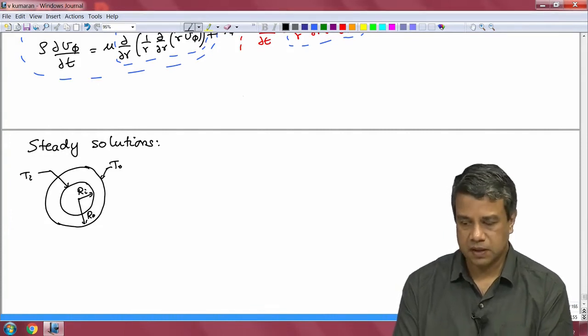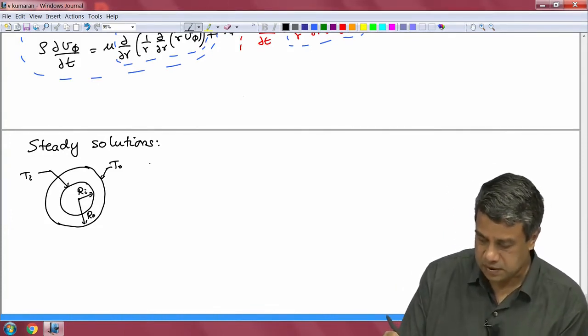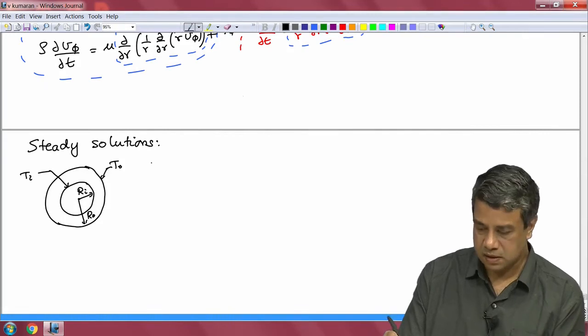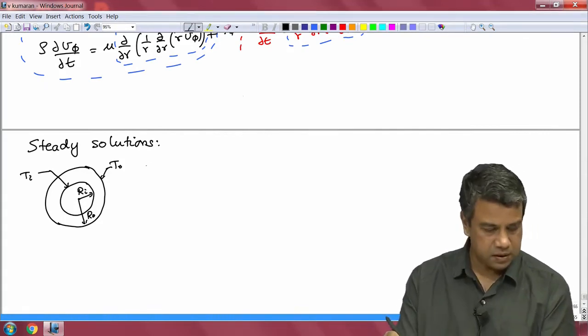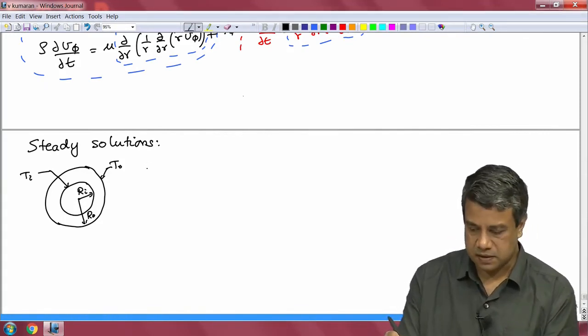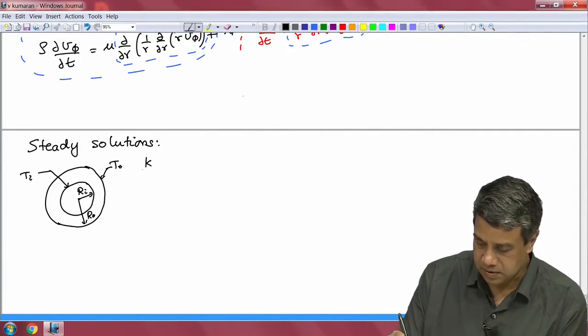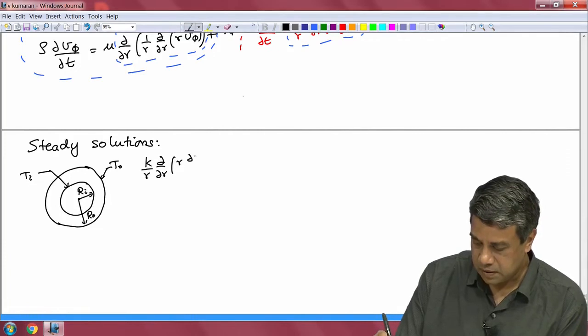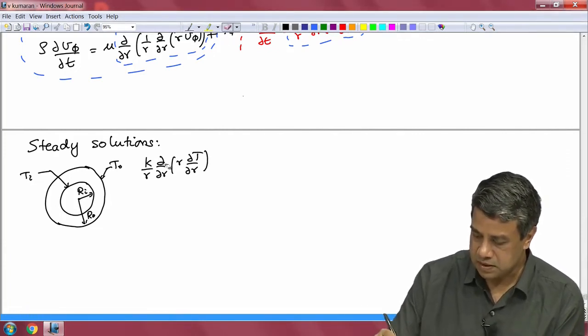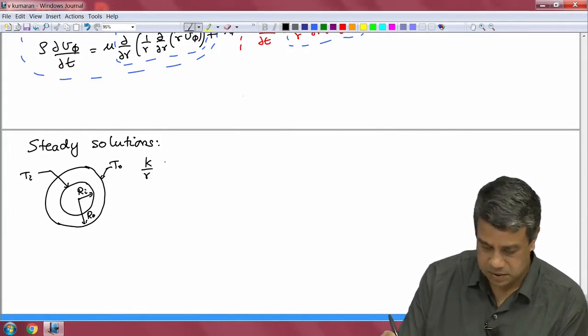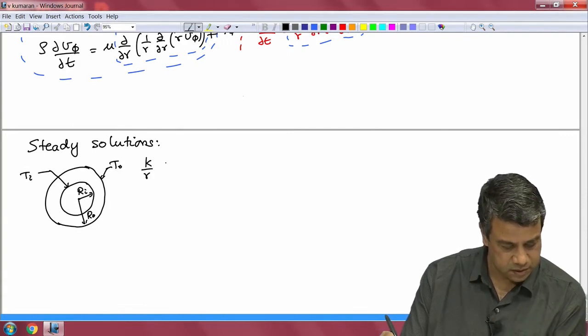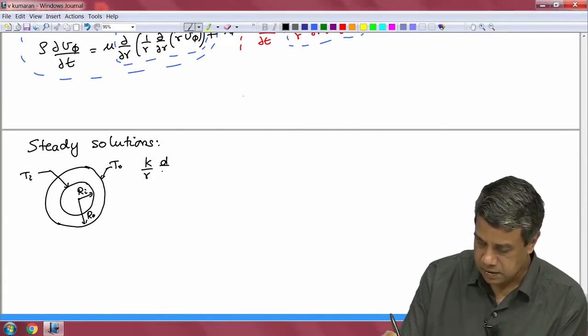And so, we have to solve the steady state equation. If we assume that the conductivity is a constant, then this equation is k by r d by dr of r dT by dr is equal to 0. In this case, since it is steady, the temperature depends only upon r, and I can use total derivatives.